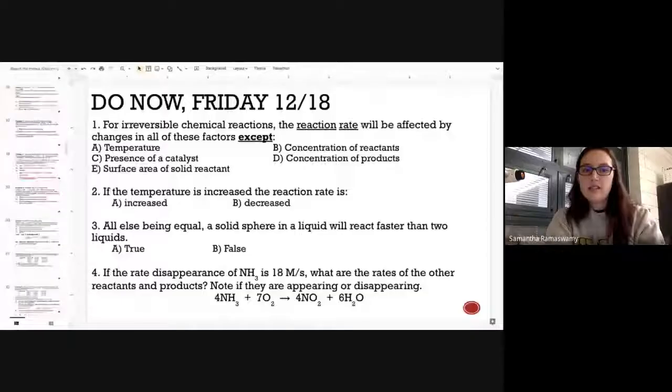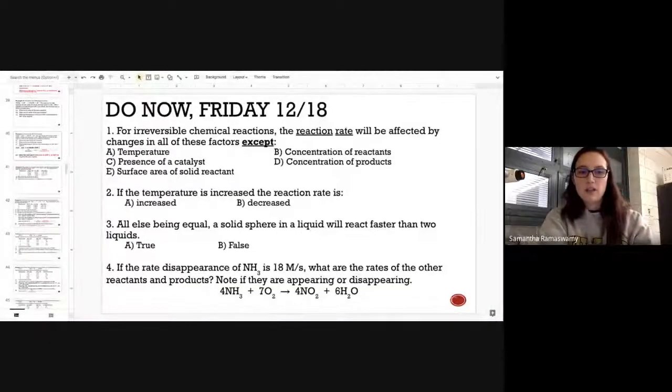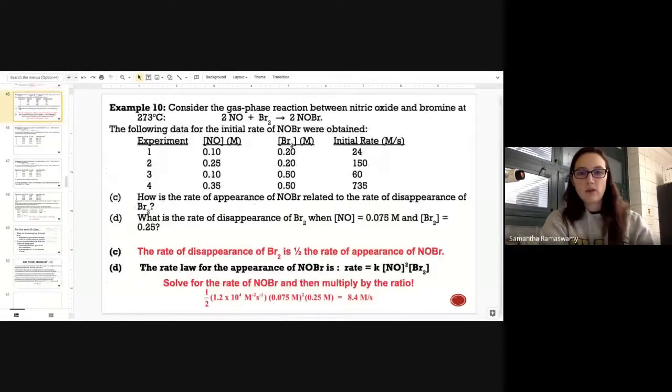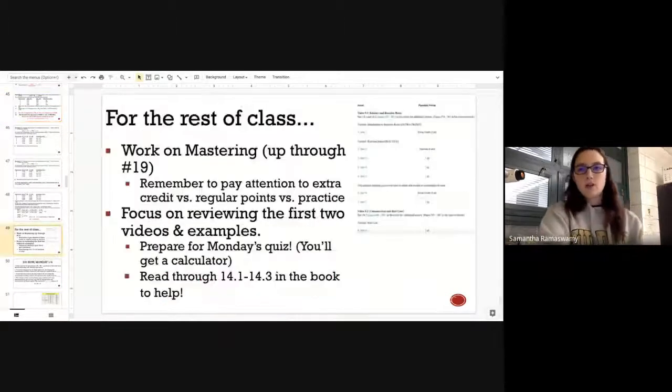All of these examples that we just went through are in the Do Now slides. You'll notice, for example, here was example 10 that we just looked at. Again, there's only about 10 minutes left, but based on what we just went through, you can now work on mastering up through number 19. So that's about halfway done with mastering.